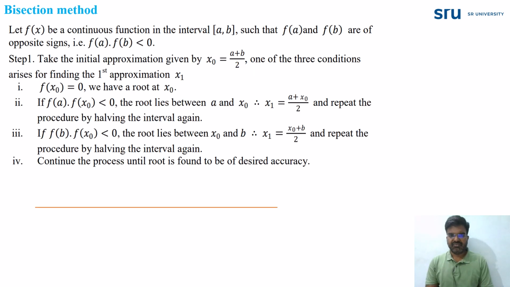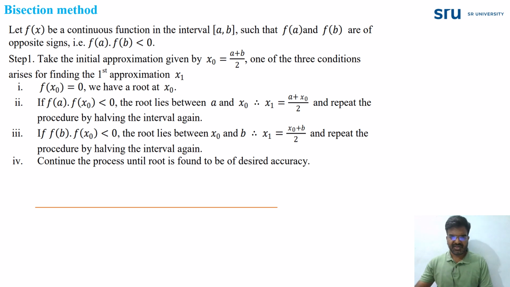Now we will see the procedure in the bisection method. Let f of x be a continuous function in the interval a, b, and the function has different signs at a and b. Then there exists a root of the function between a and b.